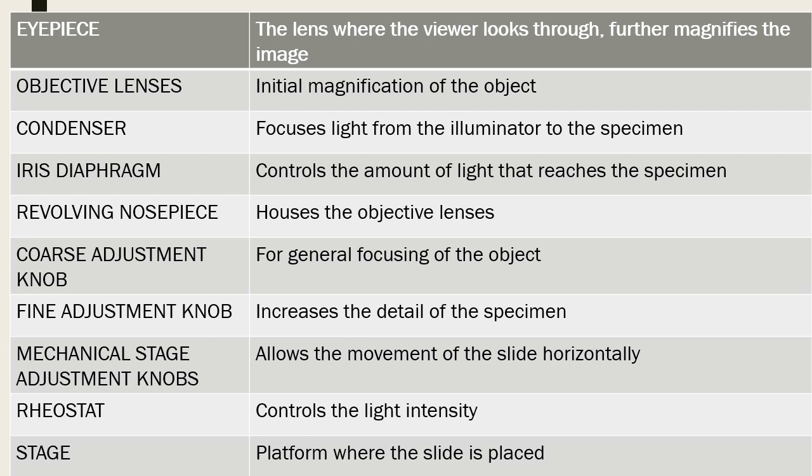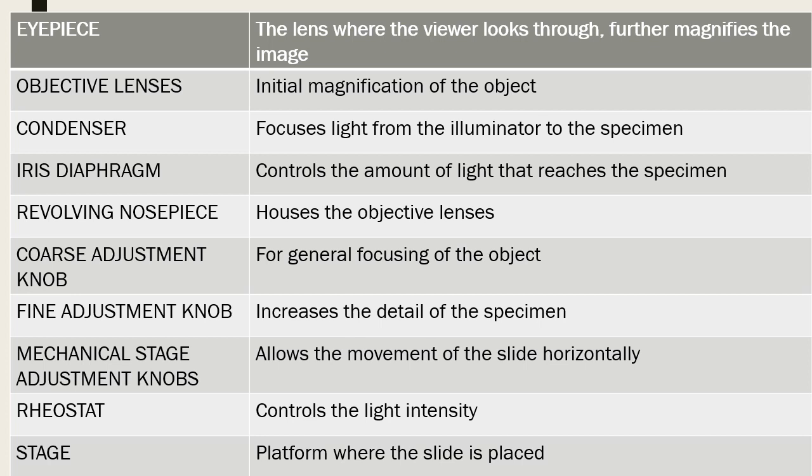So if you already have a coarse focus, and you need a fine adjustment to see the detail, then of course you manipulate your fine adjustment knob. The coarse adjustment knob is used in conjunction with your low power objective, while your fine adjustment knob is used when you are using your high power objective.